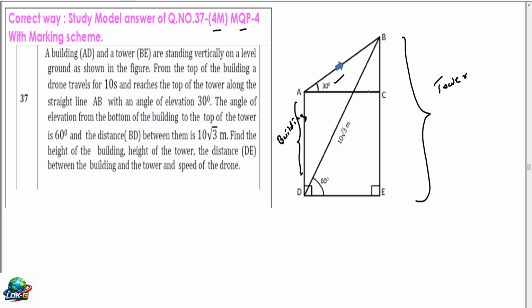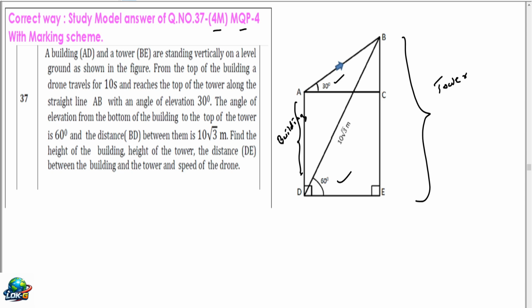Draw a horizontal line AC so that you will get the angle of elevation. The angle of elevation from the bottom of the building to the top of the tower is 60 degrees.